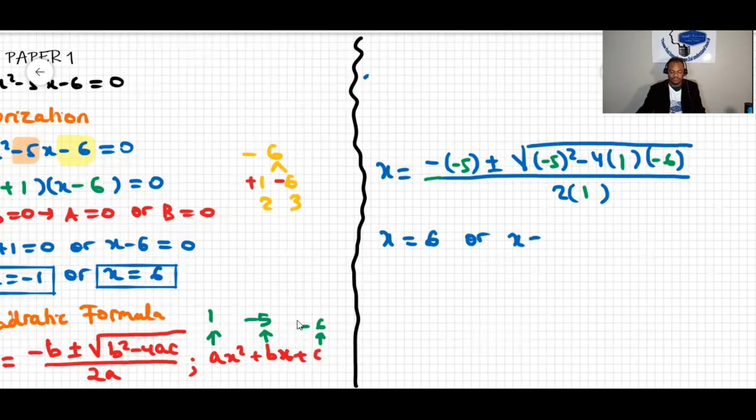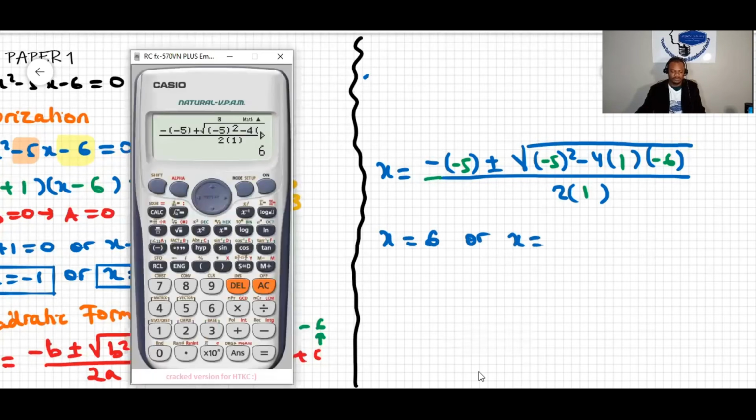If we use the negative, we change the sign, put minus there, and press equal, and this is equal to negative 1.